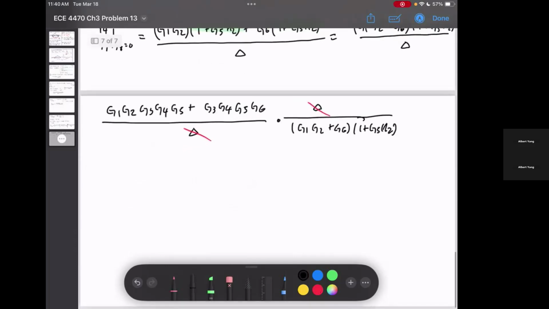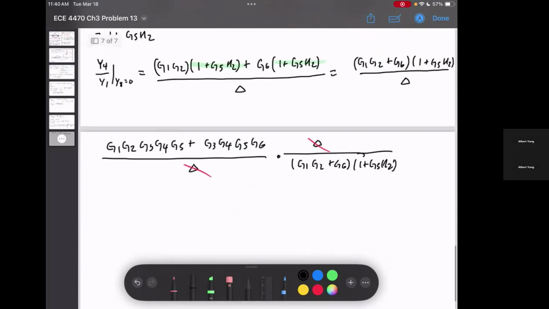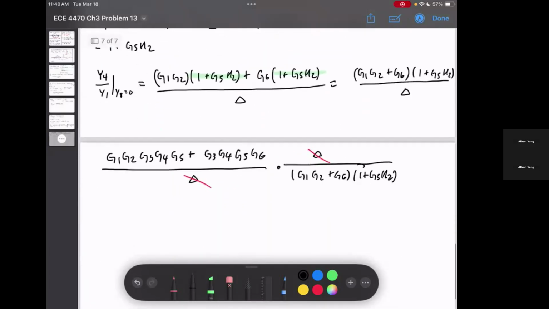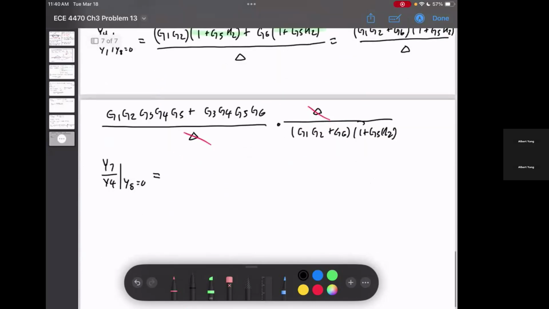So our y7 over y4 would just be G2, G3, G4, G5, G3, G4, G5, G6.